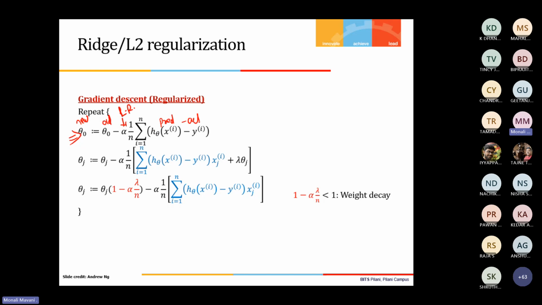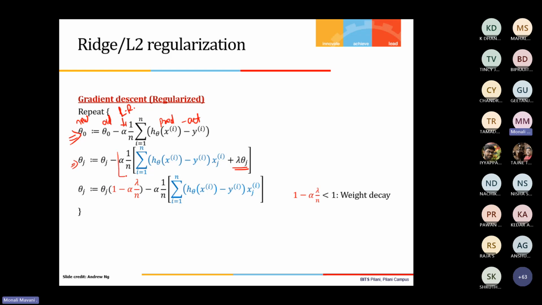For the rest of the thetas, the rest of the features' coefficients, we are adding this lambda times theta j. There is a mathematical derivation of how we come to this point, but we'll not go into the detail of that derivation. Our gradient update rule in gradient descent for the rest of the thetas comes out like this.